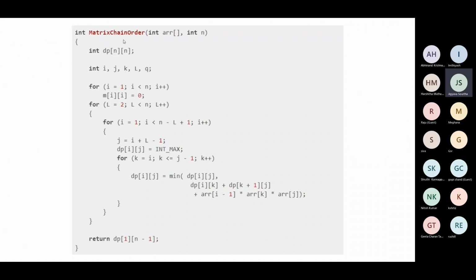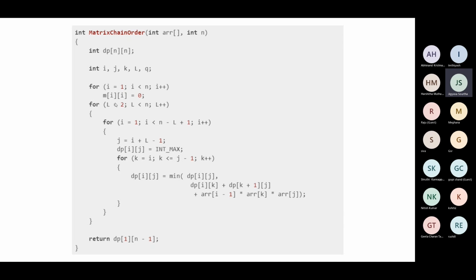So the code for this problem will be: you are given an array and an integer n, which will be the size of that array. You initialize a 2-dimensional array of n cross n, and first of all, all the diagonal elements of that matrix are initialized to be 0. Then in this for loop, you start taking the length of the array, because you have to start from the base.